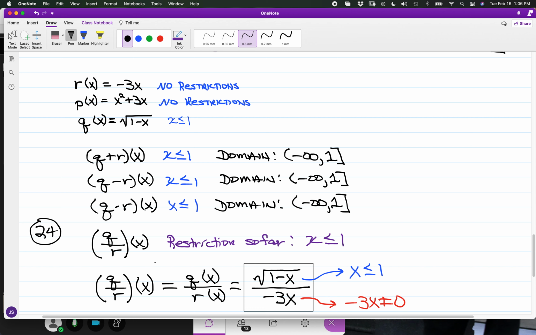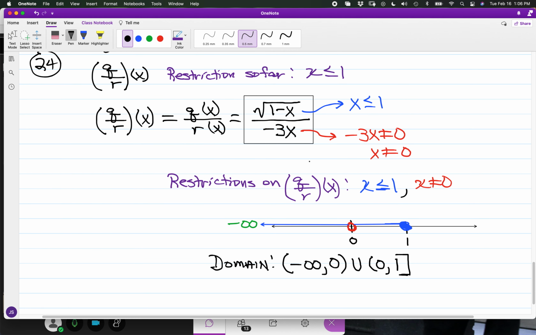And with r of x being divided, we also had the restriction that x could not be 0, so we wound up with this particular domain: those values of x less than 0, and those values of x greater than 0 and in turn less than or equal to 1. All right, and now for what we have in the case of 26.